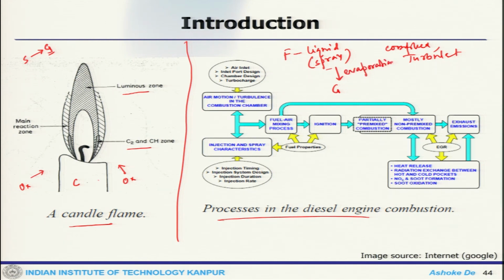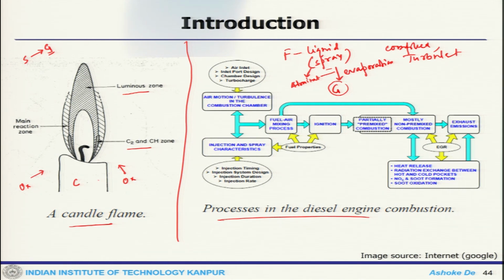Before even evaporation there is a step of atomization, that means the liquid sheet has to break into smaller droplets, those droplets evaporate and finally you get a gas, and that gas alone takes part in the combustion process.